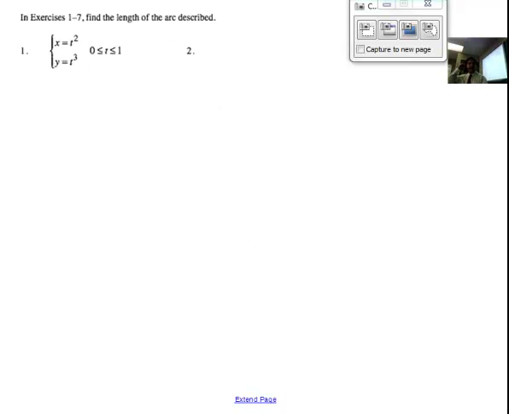It says find the length of the arc described. So once you get the habit of these, they're really easy to do. So dx dt is 2t, and dy dt equals 3t squared.